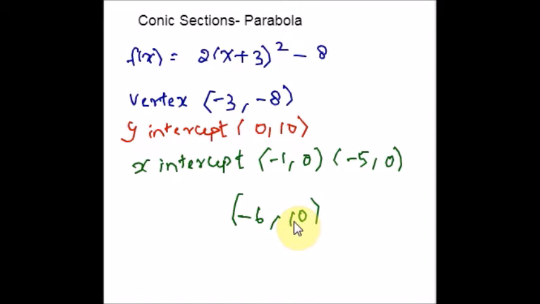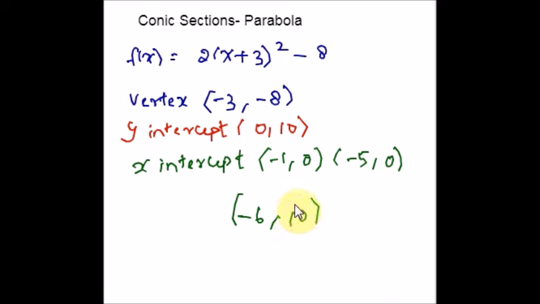You can also verify whether this point is correct or not. You should get a value of 10 if you plug in negative 6 here. Replace all x by negative 6 and check whether you're getting 10 or not. I have done the calculation and I'm getting 10. So we are correct. Note that we usually don't bother with this verification, but it is fair and good if you're just verifying the point. You need not mention this in your steps.